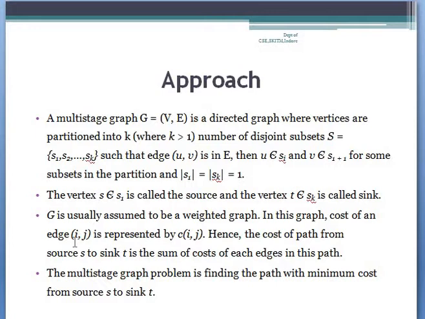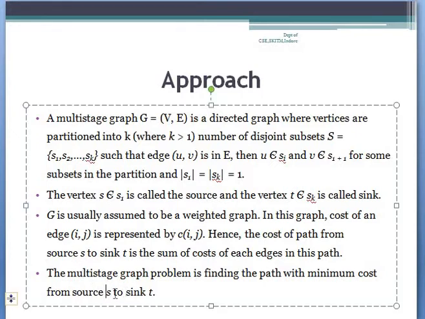The cost of an edge is represented by c(i, j). Hence the cost of the path from the source to the sink is the sum of the costs of each edge in this path. The multi-stage graph problem is finding the path with the minimum cost from the source to the sink. The source we denote with S, and the sink node we denote with T.